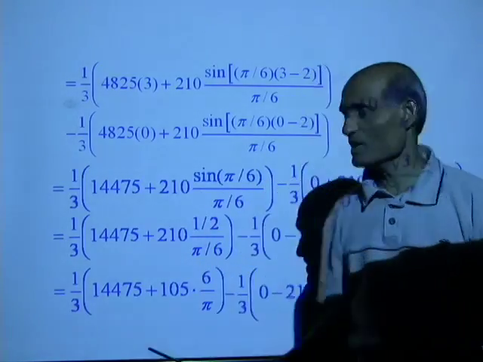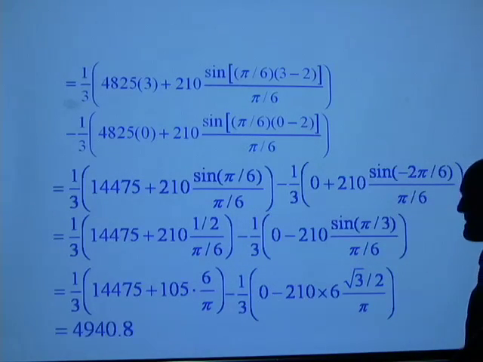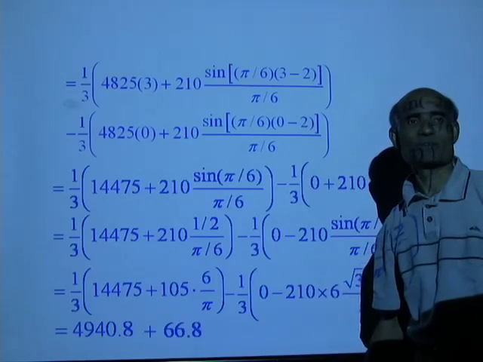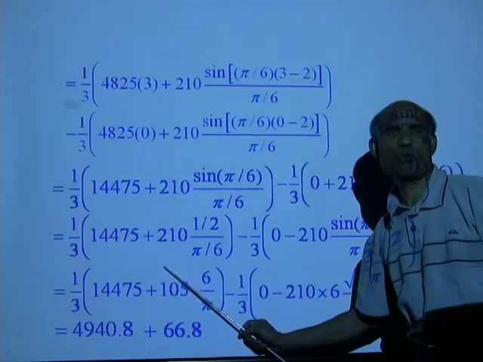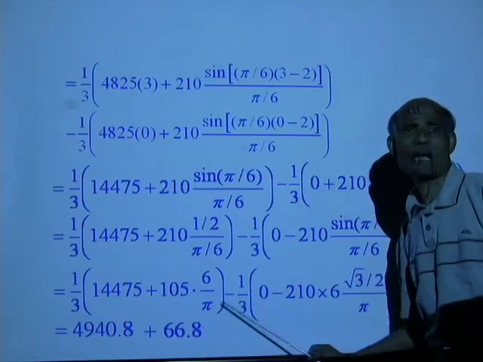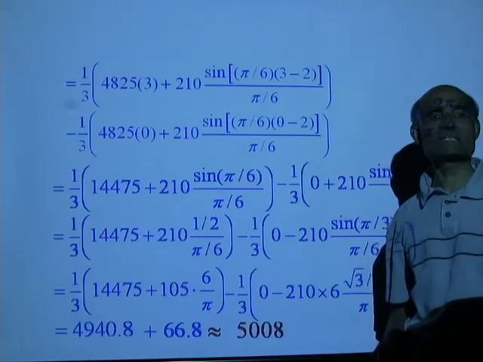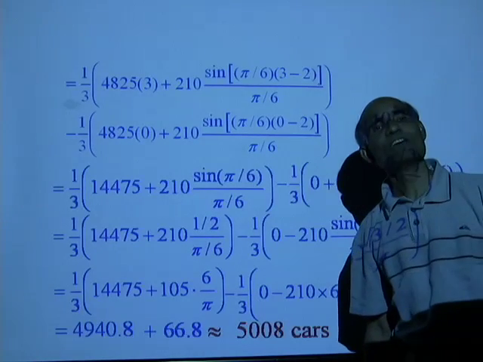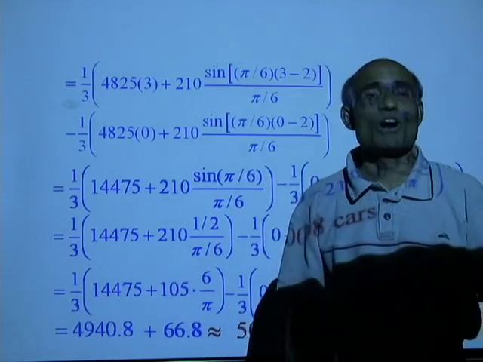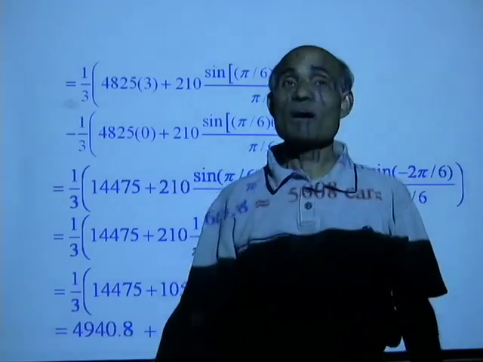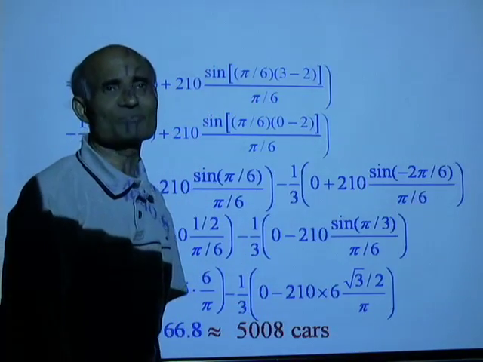Sine 60 is root 3 over 2, divided by pi by 6. That's simple to evaluate. That will be 4,940.8 with this one, plus, as these two minuses become positive, 66.8, and that is approximately 5,008 cars. That is the average sales of these Japanese cars from January to March, the first 3 months of the year. All right?